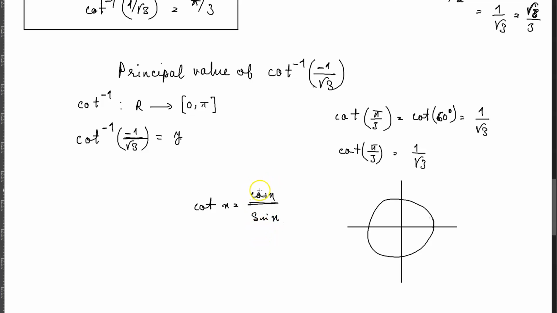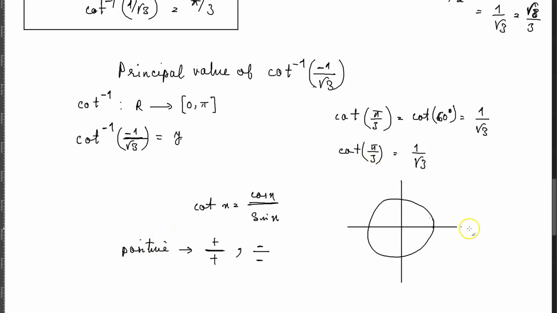Now, the cot of this angle pi by 3 is equal to 1 over square root of 3, which is a positive value, which means that if the cot of some angle is supposed to be a positive value, when you have a positive value over here, to express that in terms of a ratio, either you have positive by positive, which gives you positive, or you have negative by negative, which gives you positive, right?